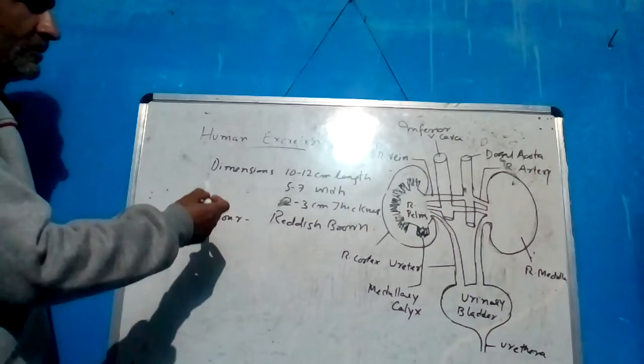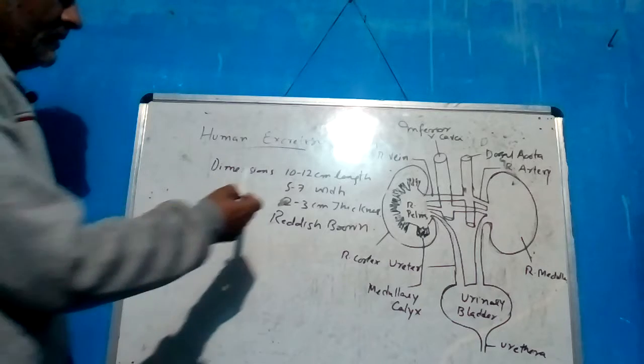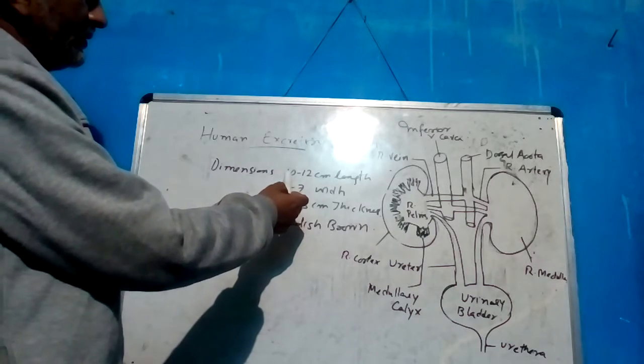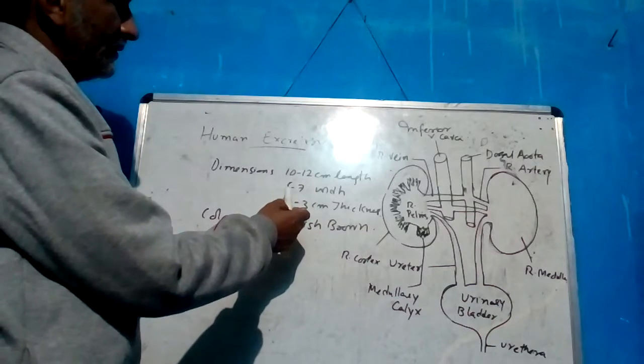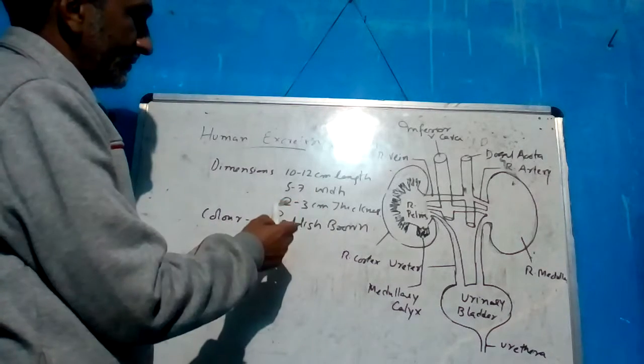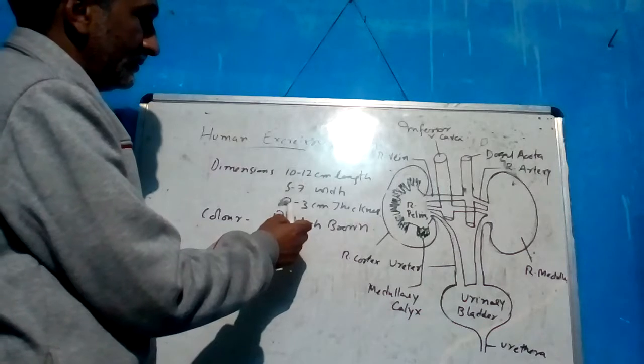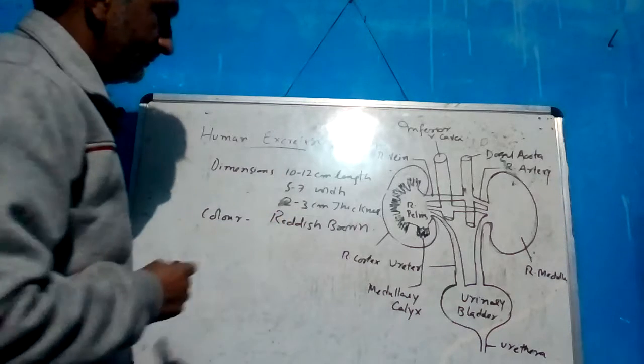The dimensions of the kidneys: the length ranges from 10 to 12 centimeters, width 5 to 7 centimeters, and thickness 2 to 3 centimeters.